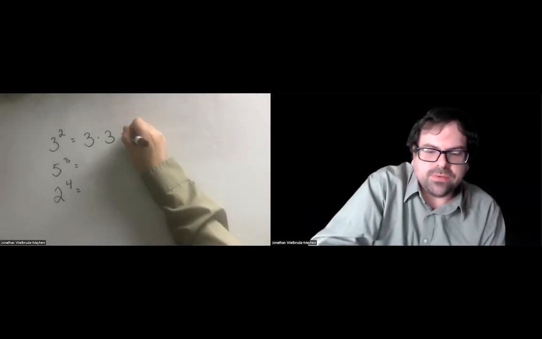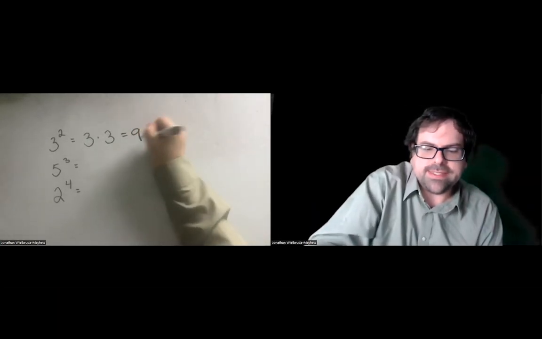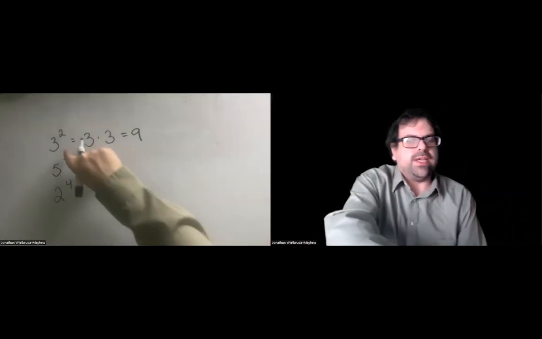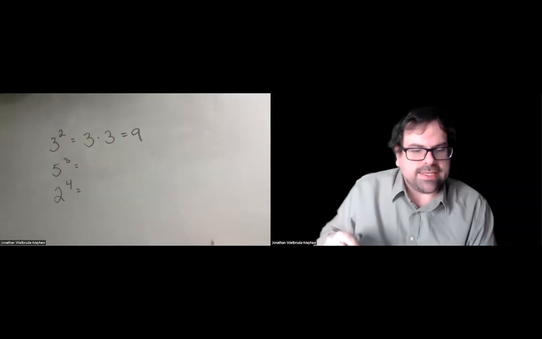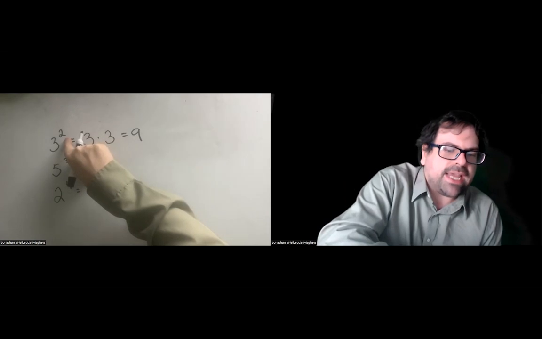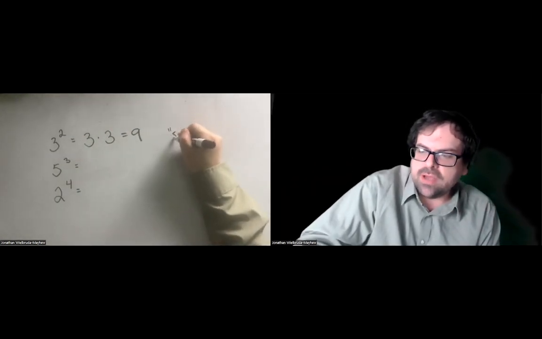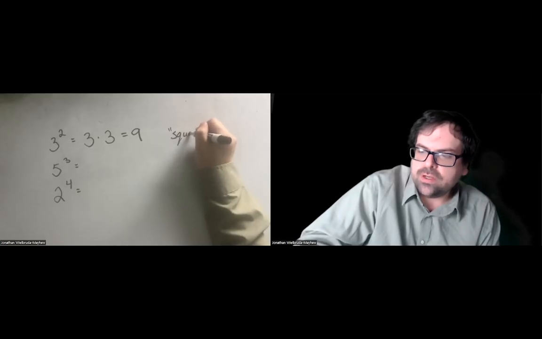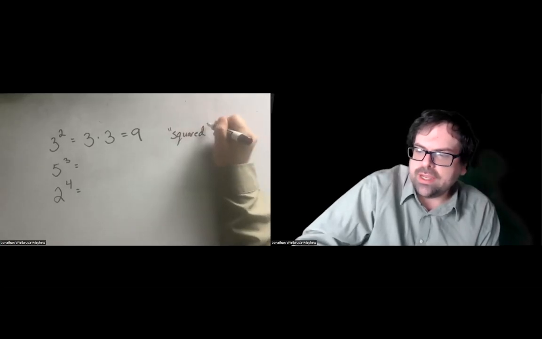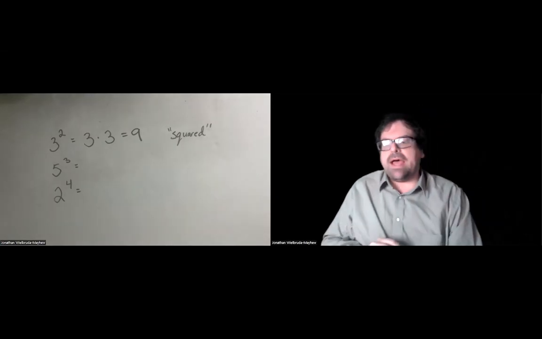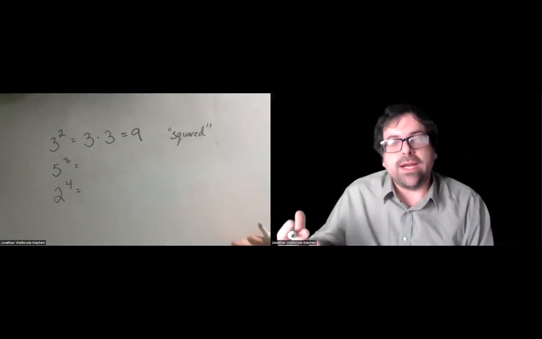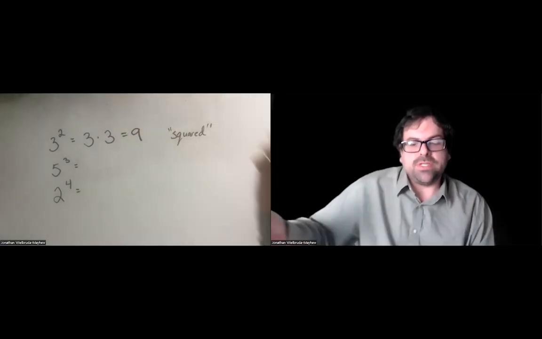And 3 times 3 is 9. So 3 to the second power is 9. The second power we refer to as squared. Squared means a number times itself.